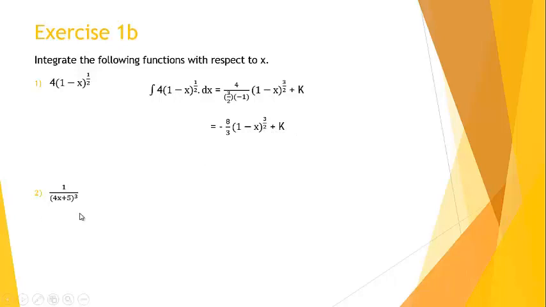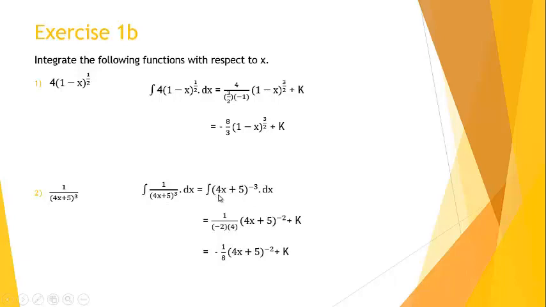Integral of 1 over bracket (4x plus 5) to the power of 3. So we take the denominator to the top. So that becomes integral of (4x plus 5) to the power of negative 3. So when the denominator is taken to the numerator, it becomes a negative power. So integrating this function would give us adding 1 to the power, which is -2, and then we divide it.